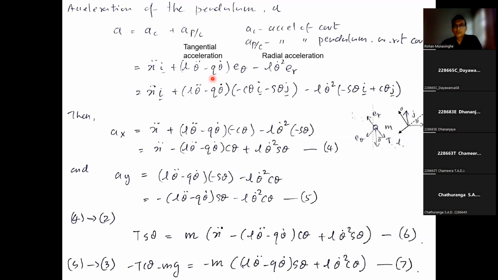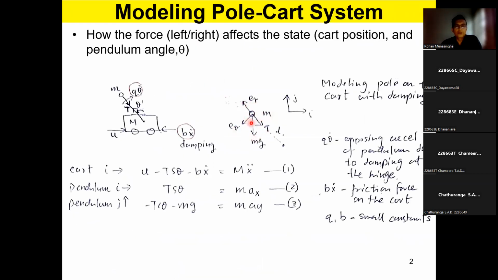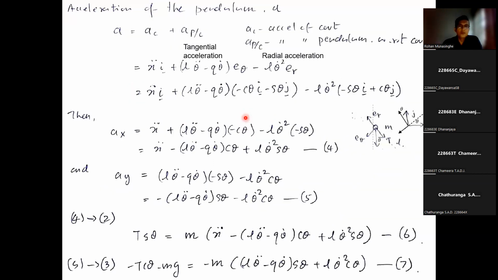So if you go back to this diagram, you can say the acceleration tangentially, right? And acceleration radially, these two directions with respect to the cart are like this. L theta double dot, this is the tangential acceleration because of the angular acceleration, right? L theta double dot minus Q theta dot, because this is the friction force or torque, right?